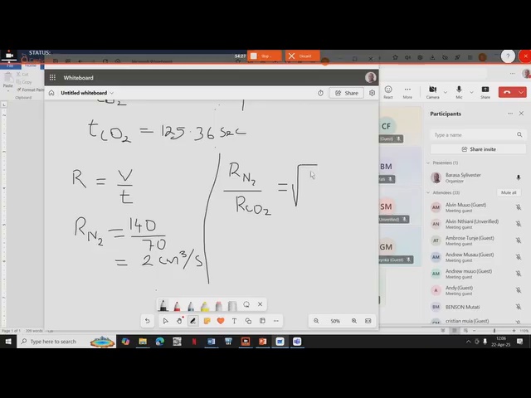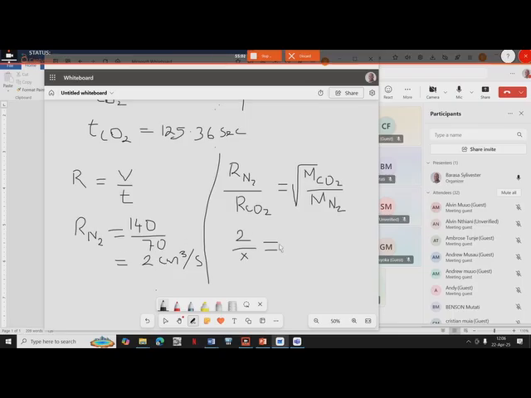So R N2 over R CO2 will now be inversely proportional to the square root of the masses. So it will be inversely proportional to the mass of CO2 over the mass of N2. Don't forget that. That's the formula we are applying here now.